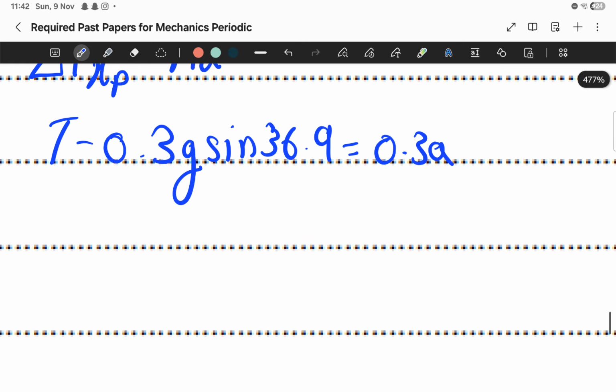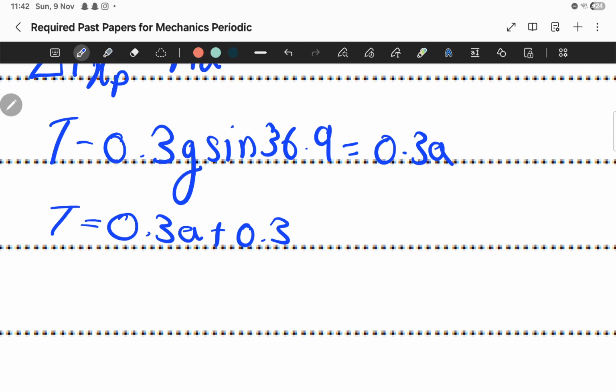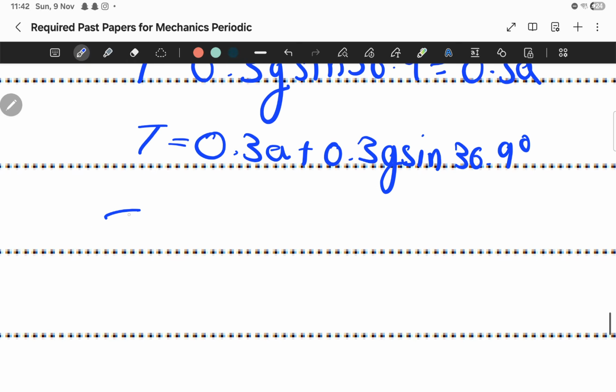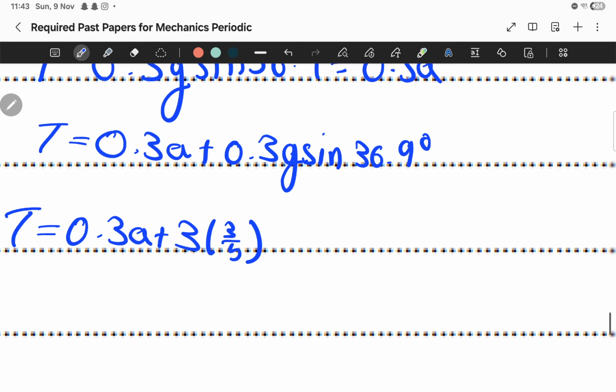T is equal to 0.3A plus 0.3 G sine 36.9 degrees. So T is equal to 0.3A plus 3 into 3/5, because remember, sine of this angle is 3/5, it's given to me. So this equals 0.3A plus 1.8, and this is my first equation.